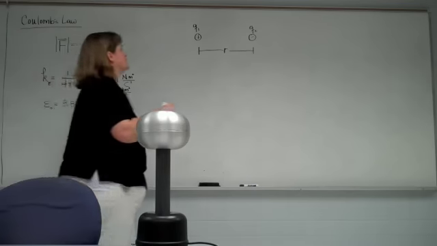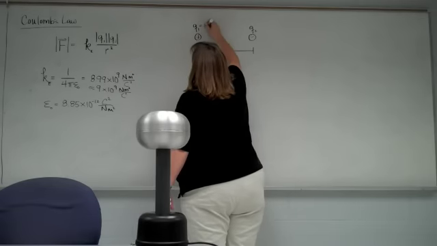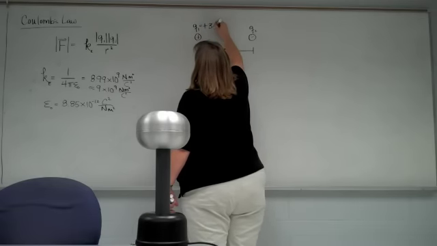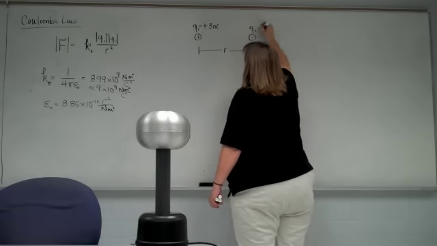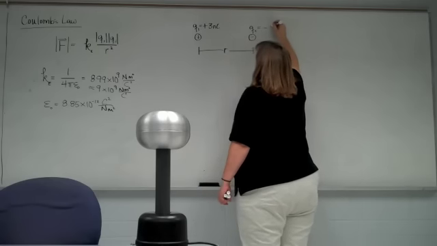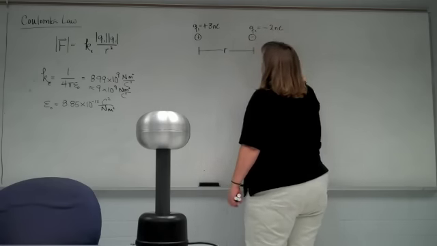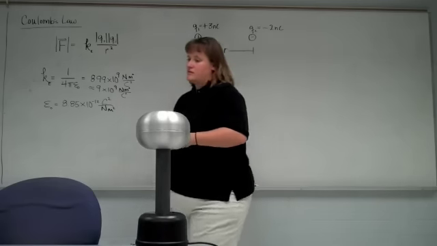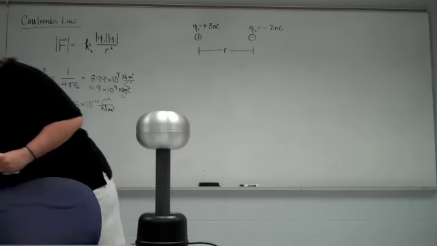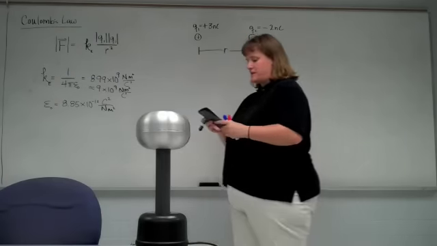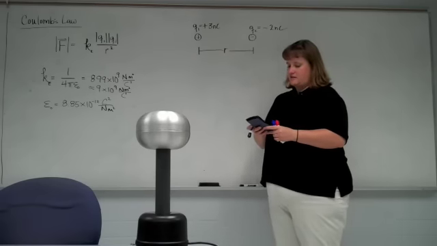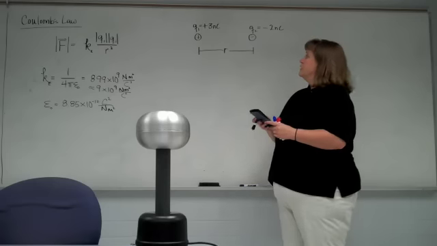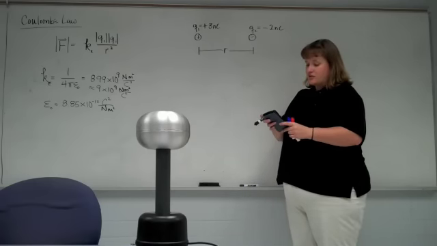So for example, let's say Q1 was positive 3 nanocoulombs. I'm just making something up, obviously. Q2 negative 2 nanocoulombs. Plugging it through our equation, our k being 9 times 10 to the 9th, times our 3 nanos, times 10 to the negative 9.